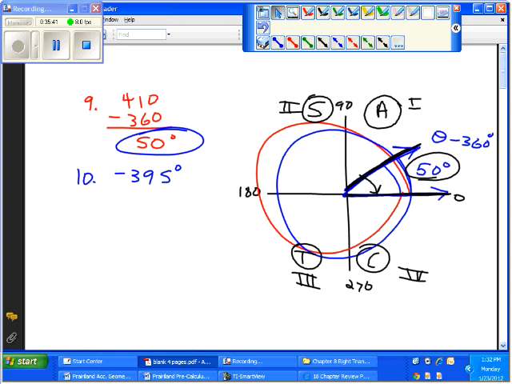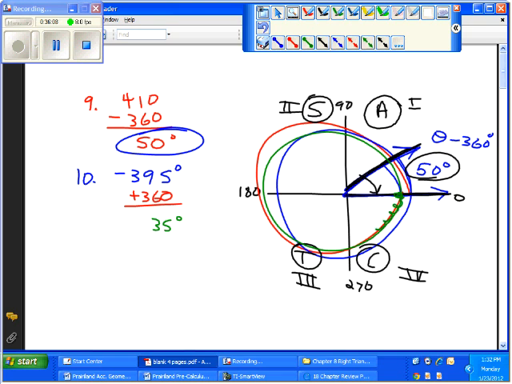Okay, so if we think about negative 395 degrees, if we were to add 360 to take a circle out of it, we're going in a clockwise position. We've gone all the way around. That means we need to go in that direction another 35 degrees, right?